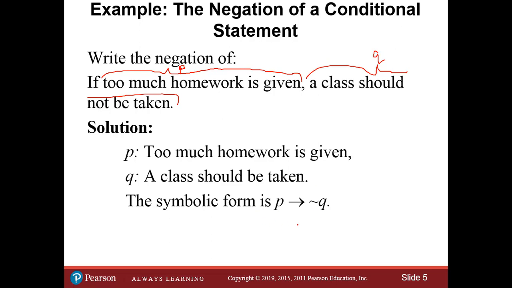So what we want to do is take the opposite truth values of this. We know that the only time this is false is when this is true and this is false. That's the only time this will be false.